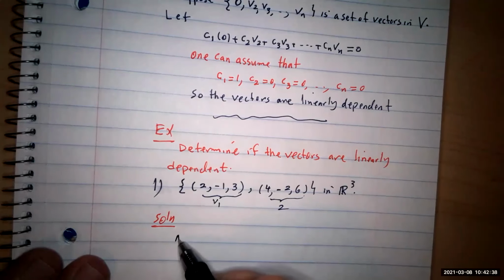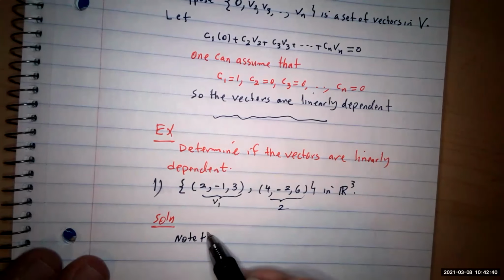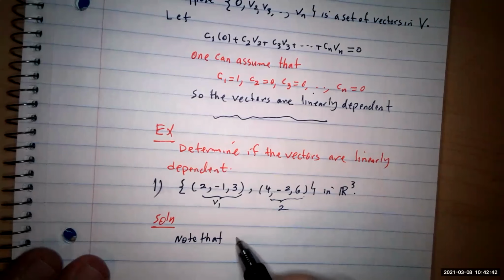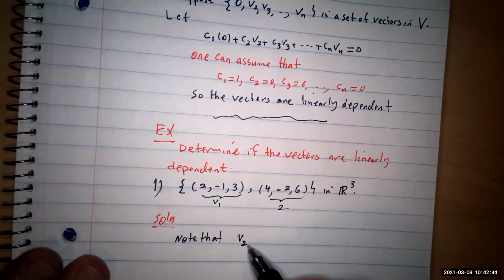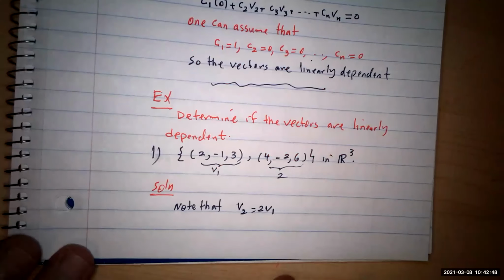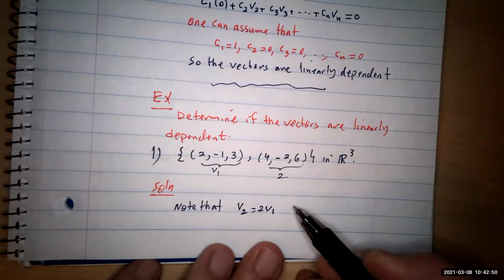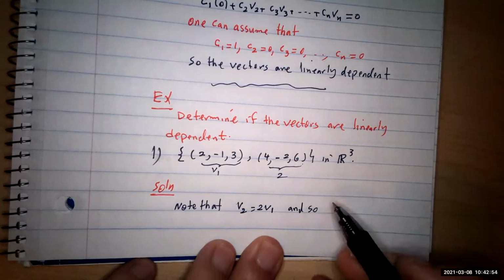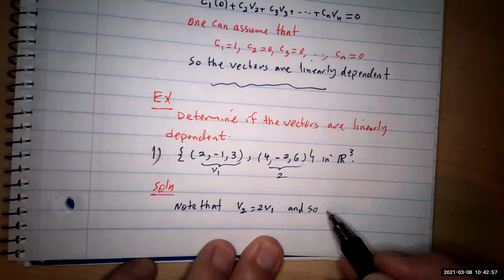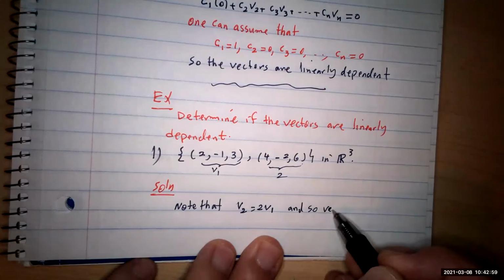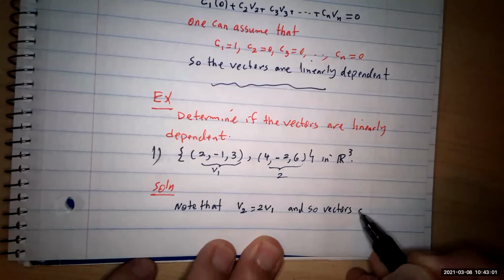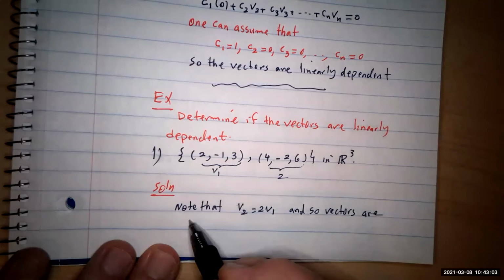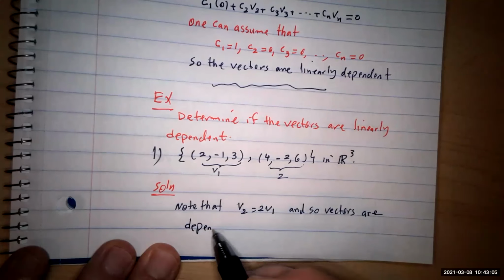Note that V2, the second one, is twice V1. That's it. So one of them is a multiple of the other one, and so the vectors are dependent, linearly dependent.